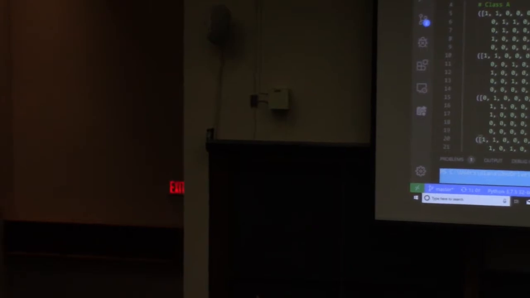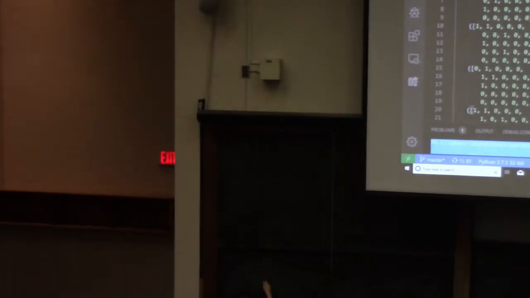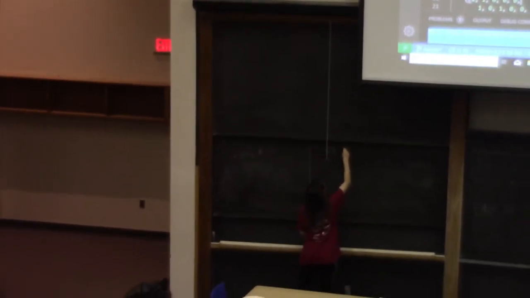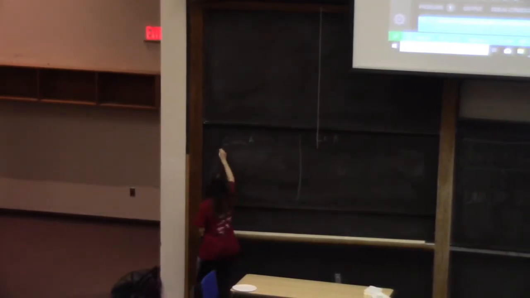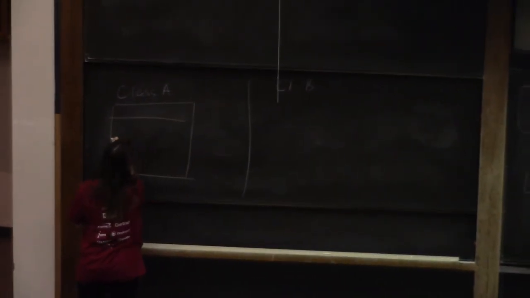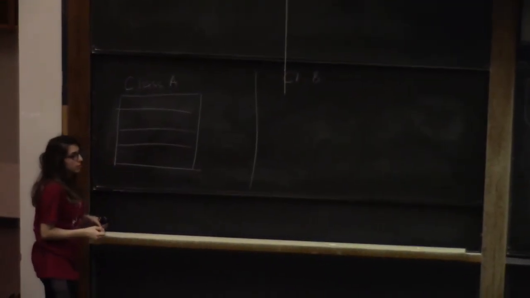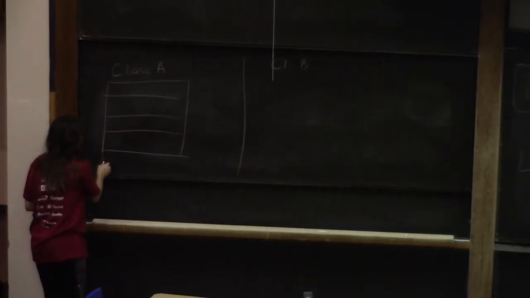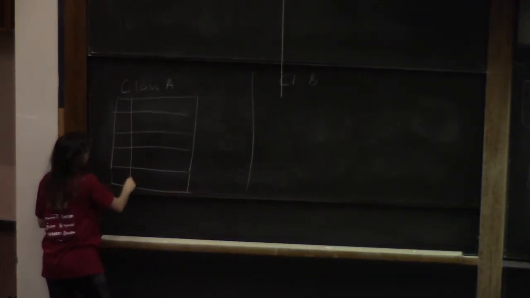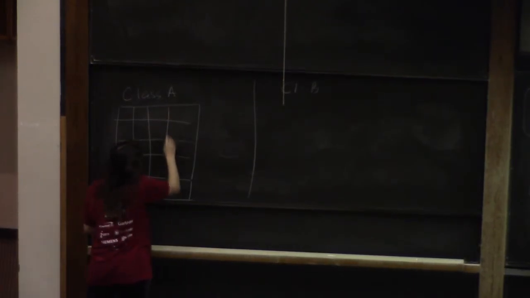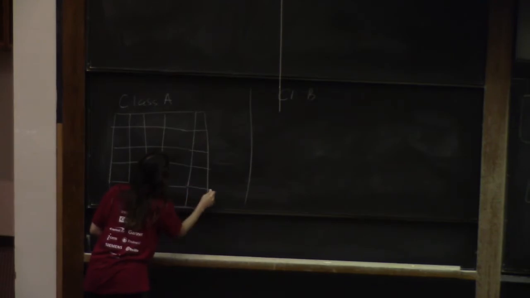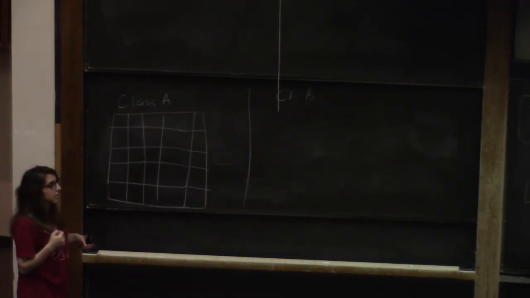We have 2 classifiers, class A and class B, and it's going to be a 5x5 box, which will convert to a 1-dimensional array in the code. It's already converted, but this is for our visual understanding. We can think of the 1s as being colored in.